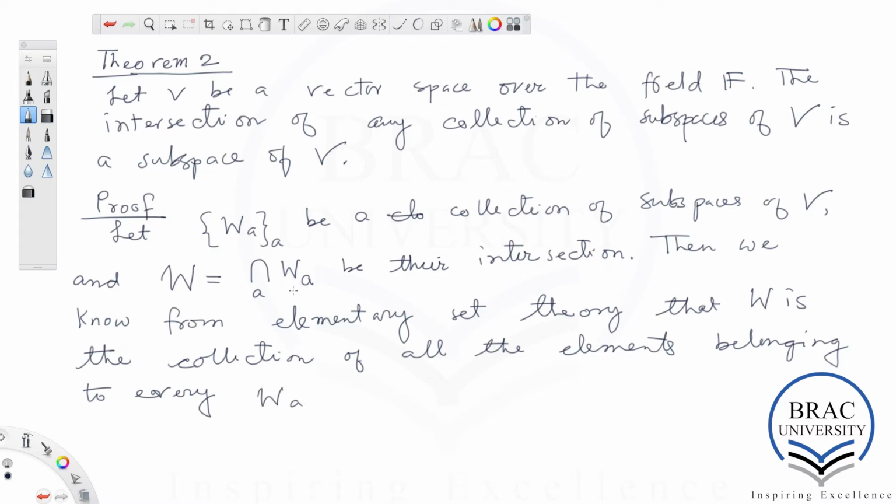So here W is the collection of all the elements that belong to every WA in the intersection.